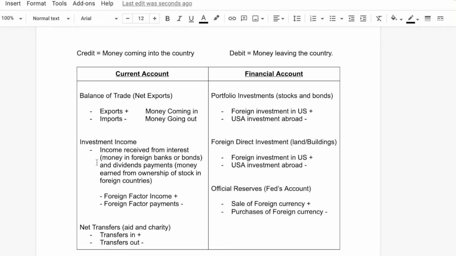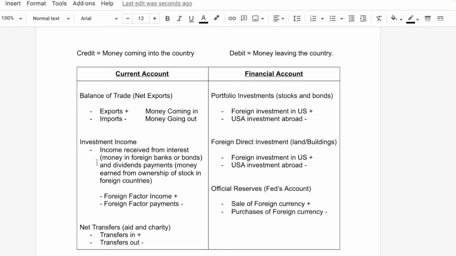That's why I've got a plus there next to it. And then minus our imports. When we buy things from other countries, that's money leaving the country. And so for that, there'll be a debit and money will be going out. That's the main part of the current account, our balance of trade, aka our net exports. Exports minus imports.